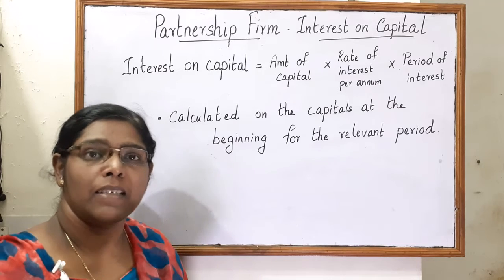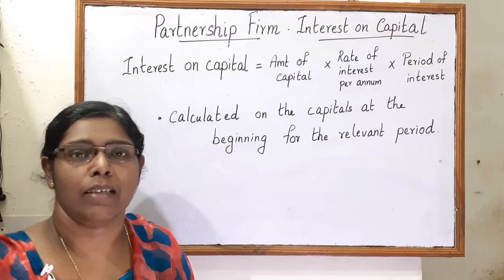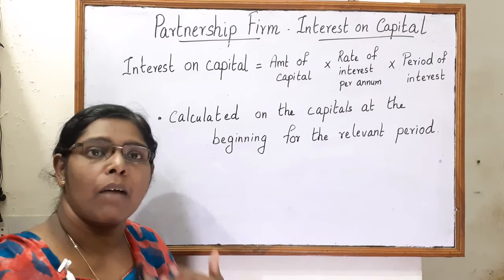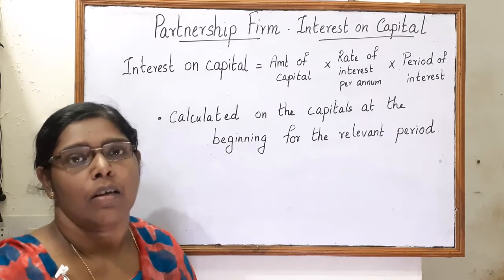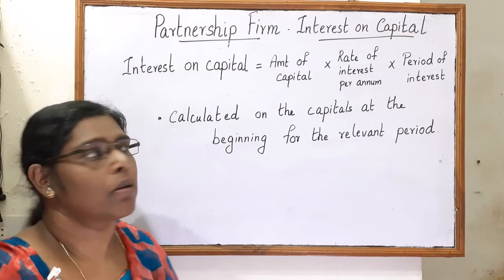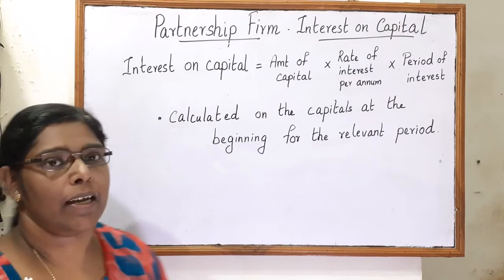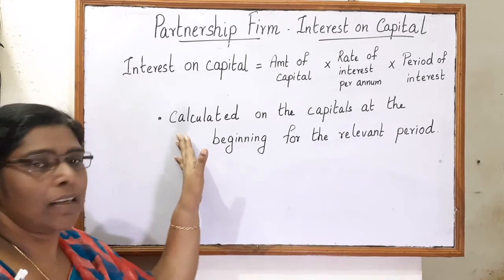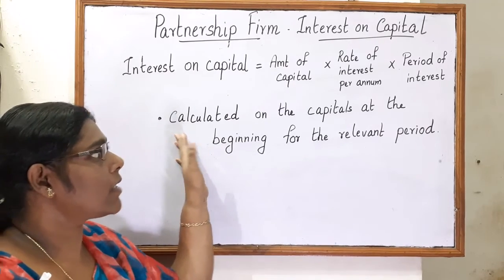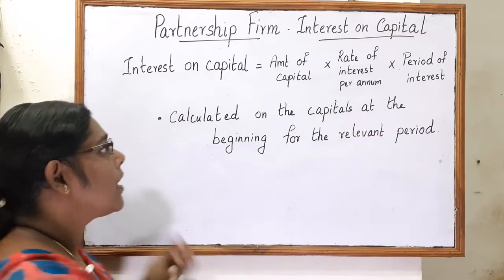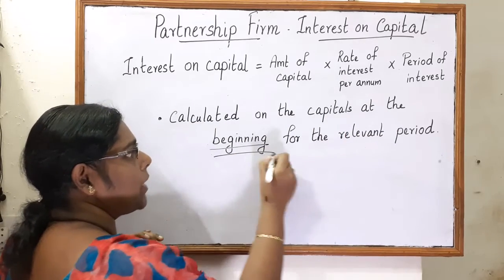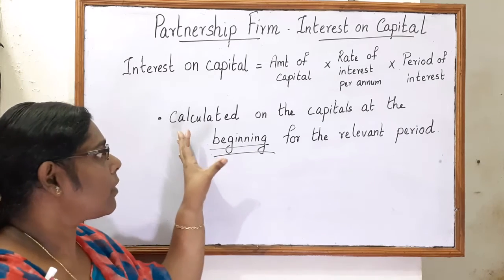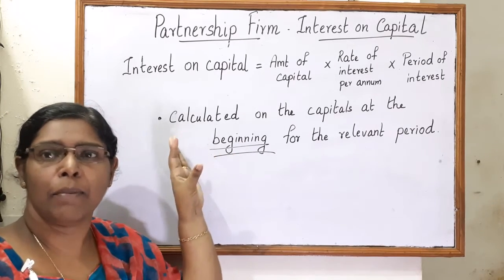But if there is any change in the capital, for example, if any amount of capital is added or withdrawn, accordingly we have to find the interest on capital. An important thing to note here is, normally interest on capital is calculated on the capital at the beginning of the relevant period. So how to find the beginning capital?